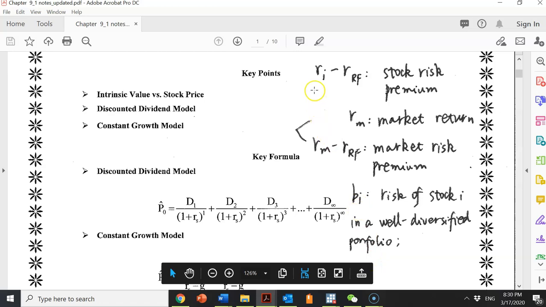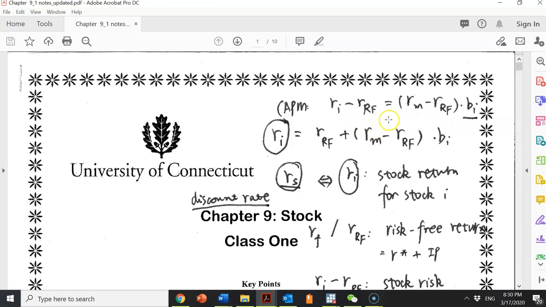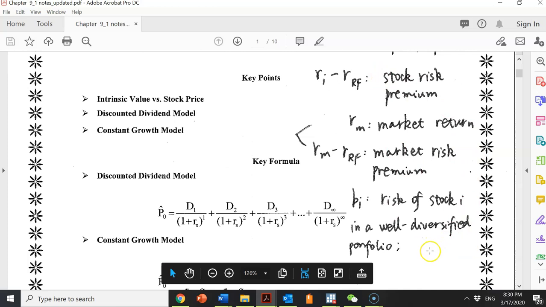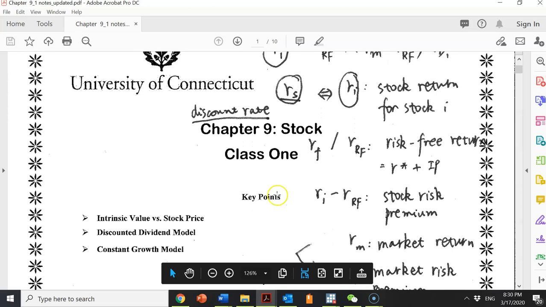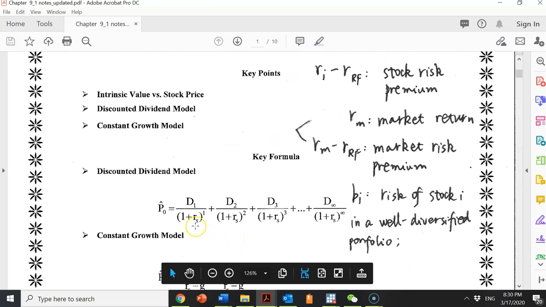So we set stock risk premium, RI minus RF, equal to the market risk premium multiplied by beta. This is how we get CAPM. The stock risk premium equals market risk premium multiplied by beta. So here is a review on Chapter 8, Class 3. And we're using the same RI here as RS in this dividend discount model.